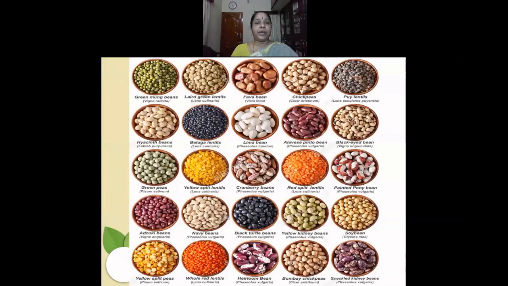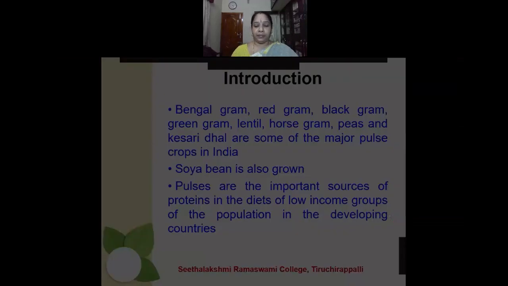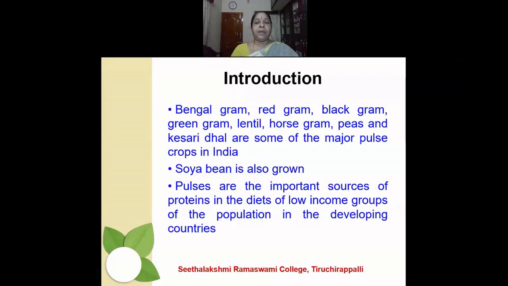In this image, you can see the different types of pulses. You can see the grams, dal, beans, peas. These are the various varieties of legumes that are edible. Bengal gram is nothing but the channa or kondai kadalai.